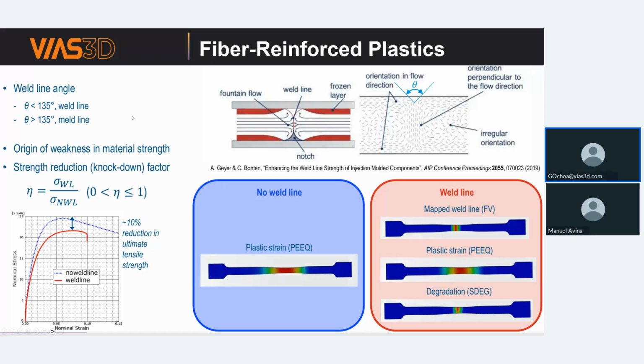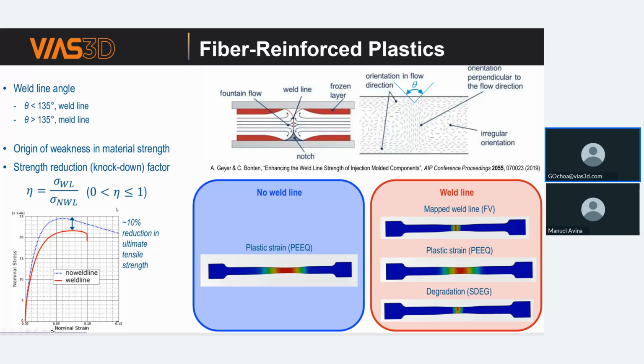And if it's greater than 135 degrees, then it will not be considered as a wet line. This is something that we can map from the injection molding simulation. And when we map this, we can use a strength reduction or knockdown factor that's basically affecting the material elastic properties, resulting in a reduced stiffness.